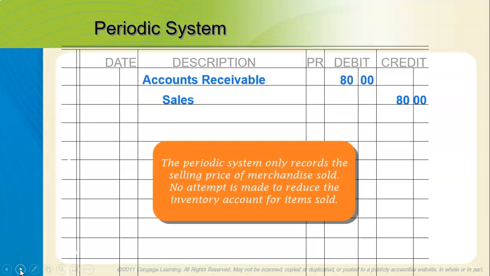So in the periodic system that we learned in Chapter 11 and 10, we debit accounts receivable, or if we received cash for the sale, we would debit cash for the $80 that we received from the customer. Then we would credit sales for the $80. And of course, if we had sales tax payable, we would credit that as well.